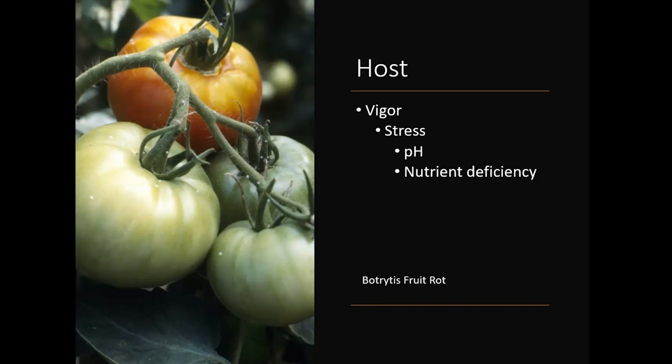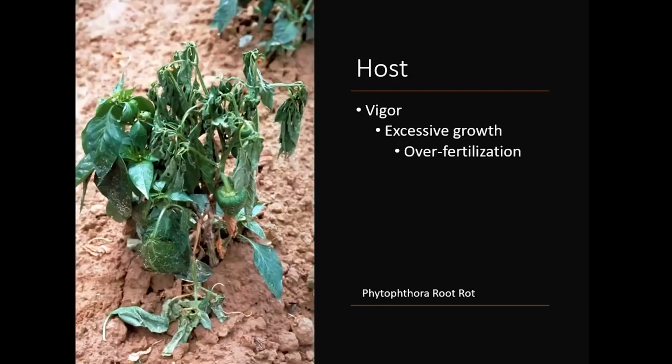And this image in particular was from a stunted, weak tomato plant in a high tunnel. But in general, think about weak and low vigor plants being more susceptible, especially to opportunistic pathogens and those with low pathogenicity.